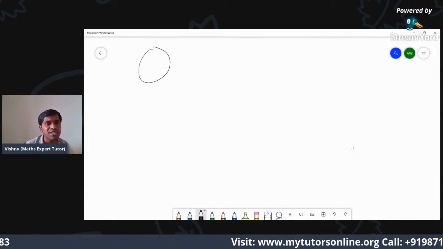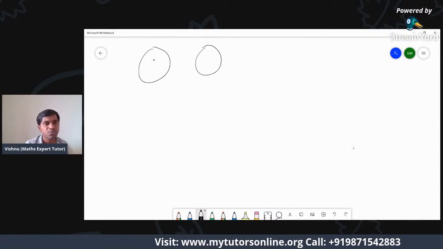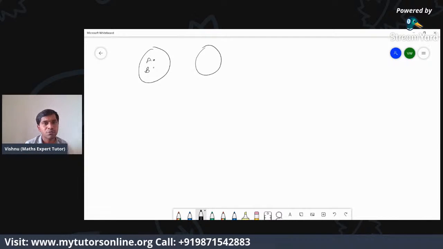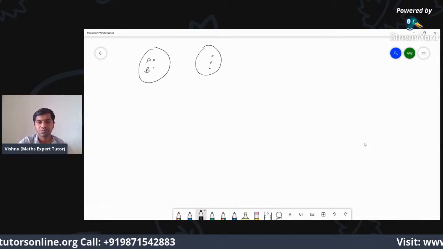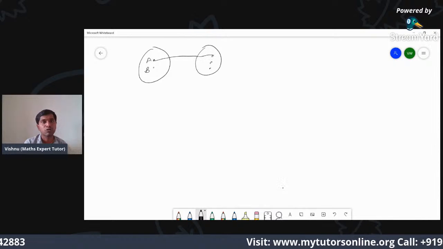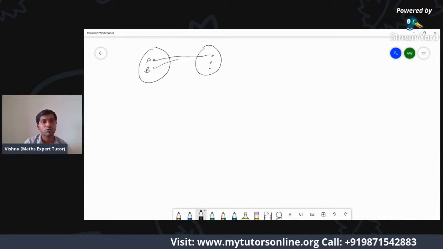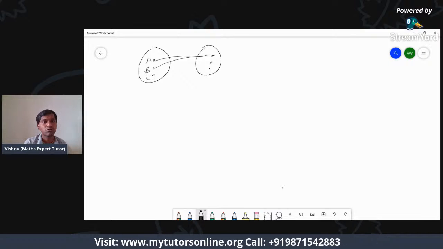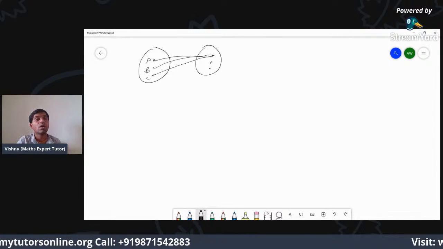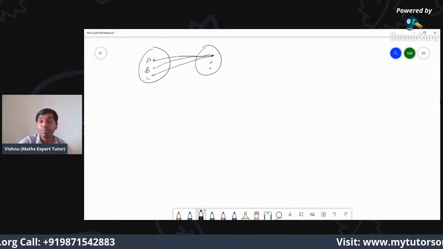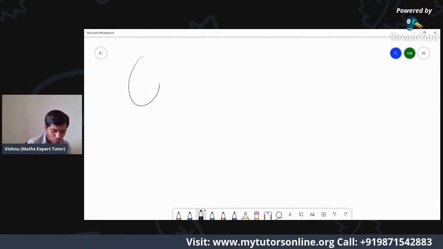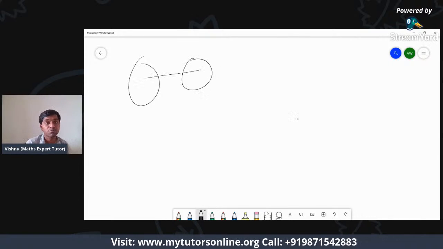So how to represent this graphically? Very simple. Suppose this is A, B, then you can call this a many-one. The point here is not whether it is many-one or one-one. How will you show one-one?